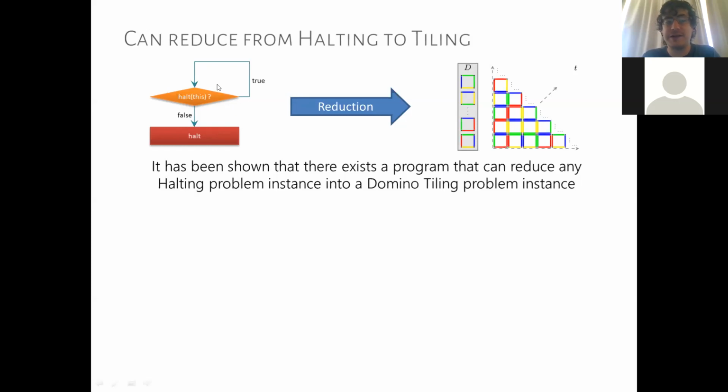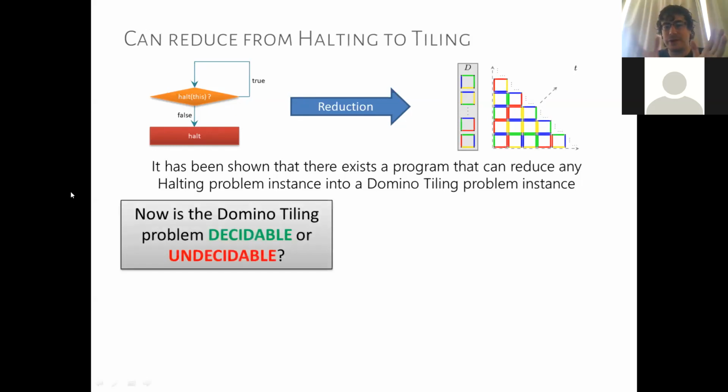We can convert an instance of the halting problem into an instance of the tiling problem, which perhaps does not seem so intuitive at first, but essentially we can consider these tiles to be transitions, and there are certain rules between which tiles we can navigate in a certain direction. I don't understand the proof, I haven't seen it in detail, but that roughly is some of the intuition.